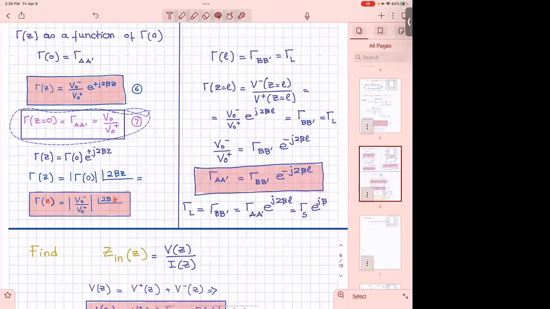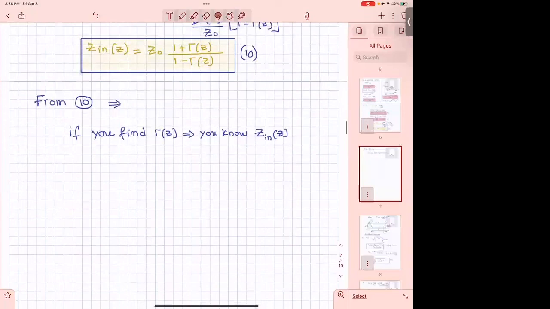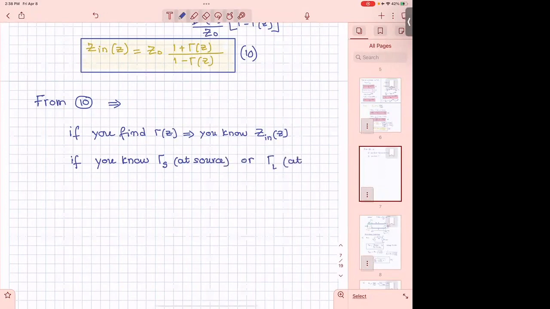It tells you, and also, if you know gamma at the source or gamma L at load, then you know gamma at Z everywhere.